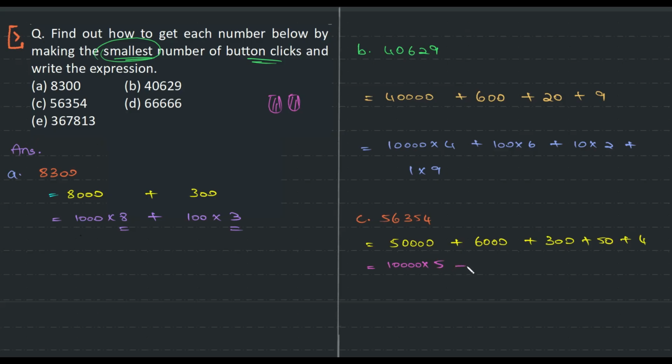Plus 1000 into 6, plus 100 into 3, plus 10 into 5, plus 1 into 4. Again, remember, I went from 10,000 to 1000 to 100 to 10 to 1.